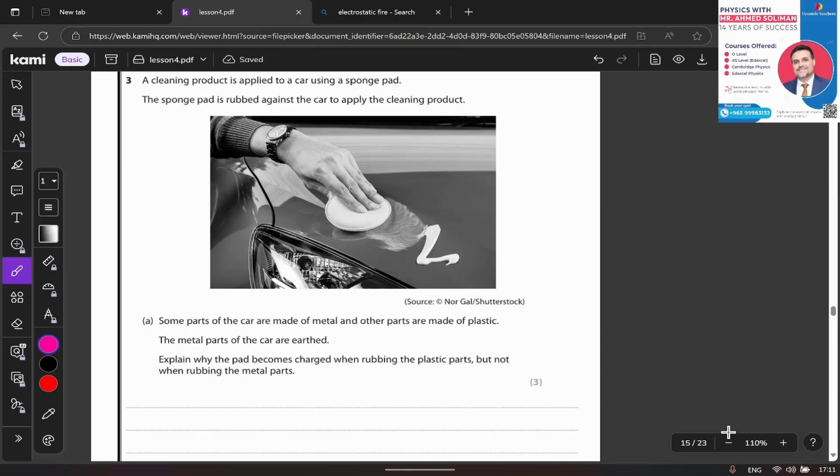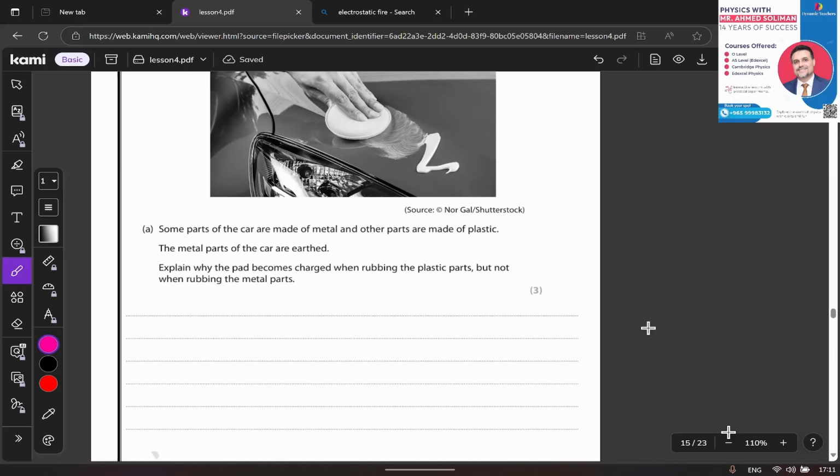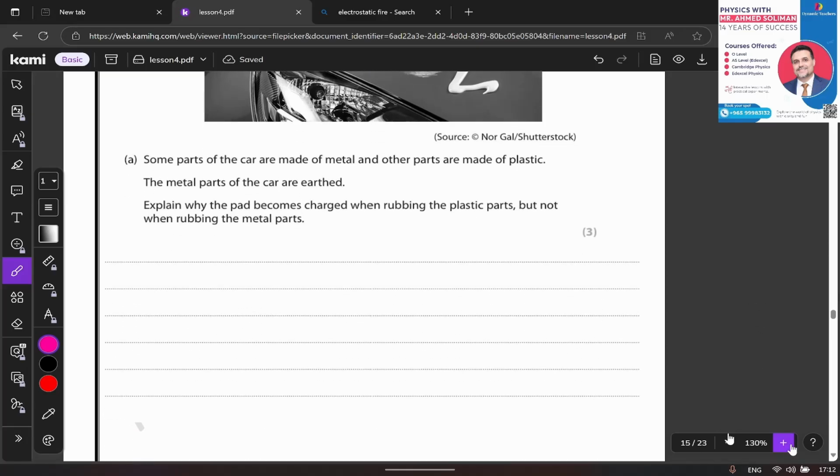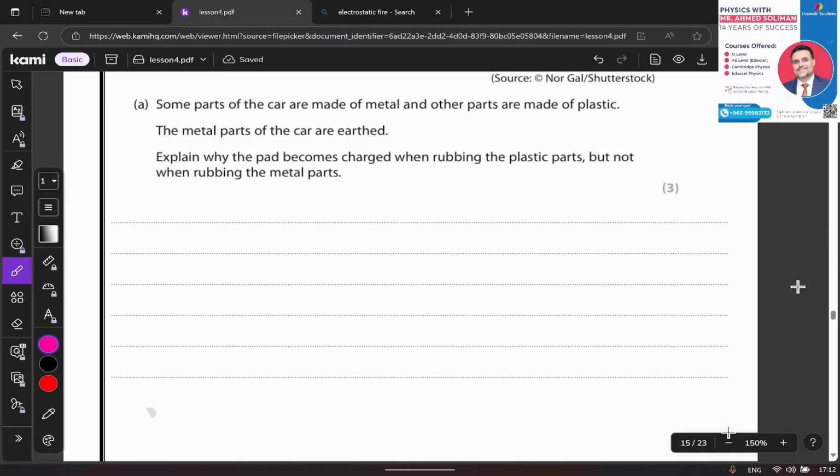Explain why the pad becomes charged when rubbing the plastic parts, but not when rubbing the metal parts. Because metal parts allow charge to flow through them, while the plastic part is an insulator, so it doesn't allow charge to flow through it. So the pad can lose or gain electrons when rubbing on it due to friction.